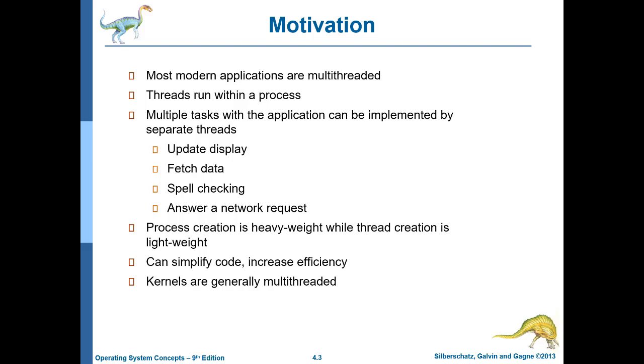Yet another benefit, or motivation, for using threads is that they can simplify the code and increase efficiency. They simplify code because you can write the code of each task in a different class or function and use threads to run that class or function. That will be separate code, and your main code will not be affected.